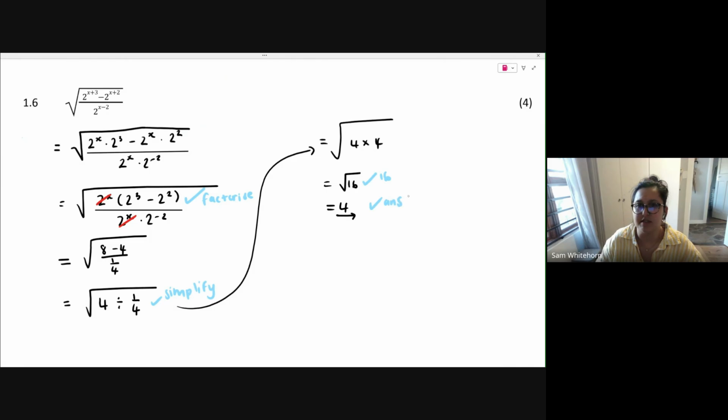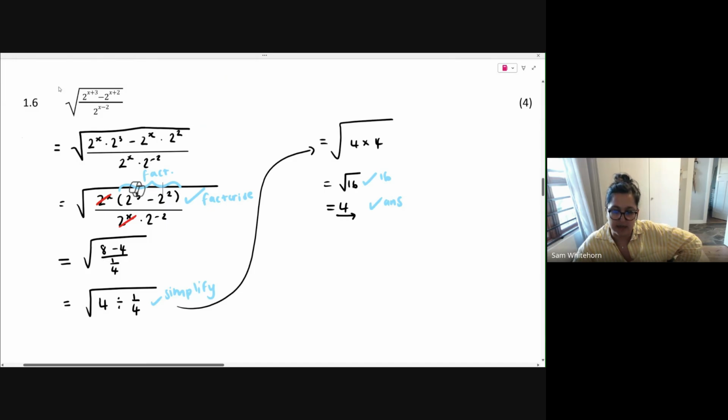If you didn't get a mark for the 16, you might have gotten another mark for the remaining factor after you factorize out the 2 to the power x. Again, it depends on the teacher, but that is where we would get those 4 marks. I'm just going to wait in case you want a screenshot, and then one more for you to give a try.